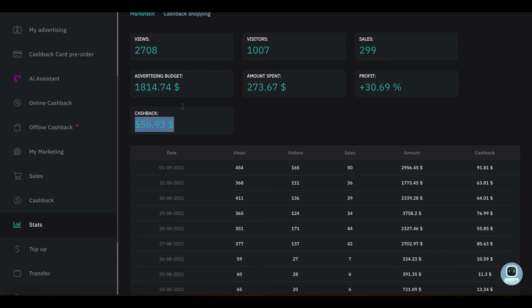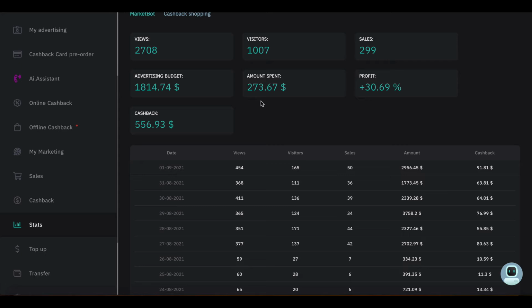If you have a look at the cashback versus amount spent, you'll be able to work out a basic ratio. Obviously, this is only one account, but you'll be able to work out a basic ratio of how much profit you should get from your advertising budget.